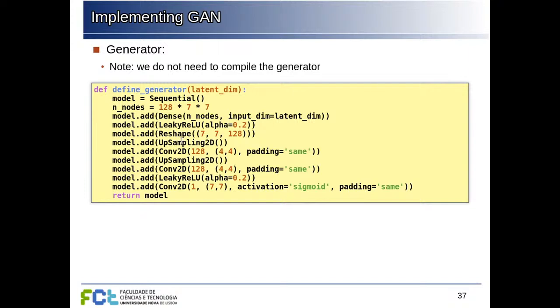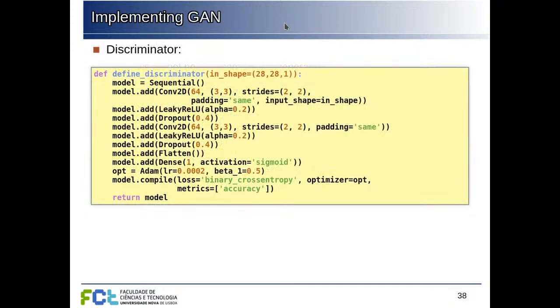That would not make sense because if we train the generator alone, we don't have a way of backpropagating the error into the generator. We need to train the generator connected to the discriminator so that we can evaluate the generator part depending on what the discriminator is deciding. So I'm going to explain this a bit better later on.